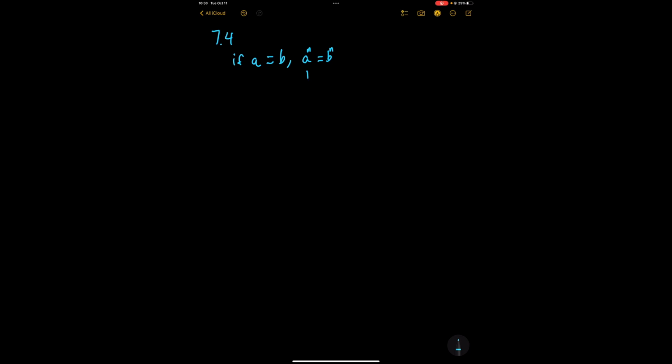If 1 equals 1, then it basically means it's 1 to the power of 1 and 1 power of 1. It makes sense. It can be any number. It can be any power.